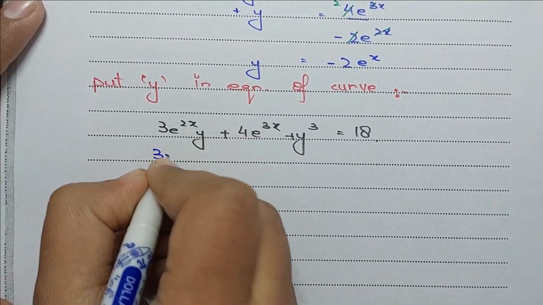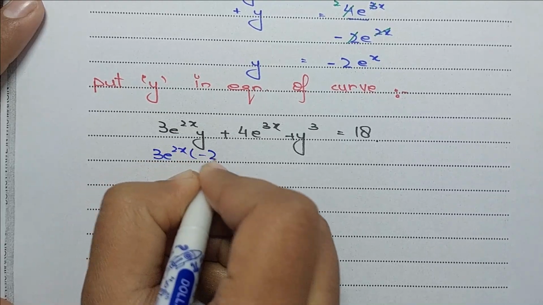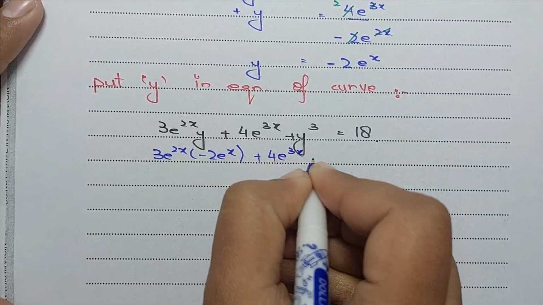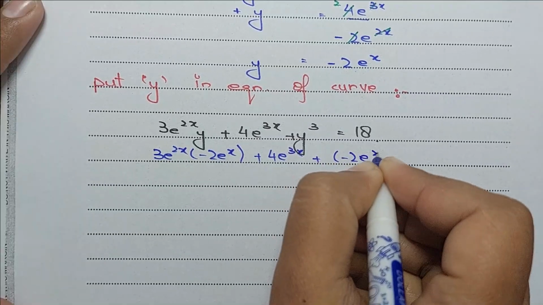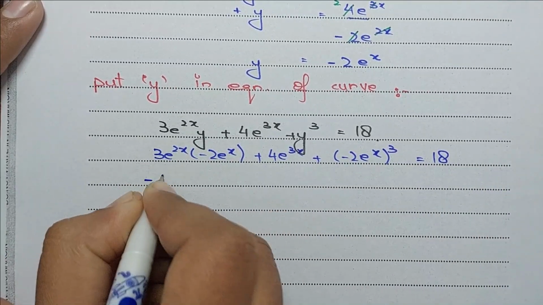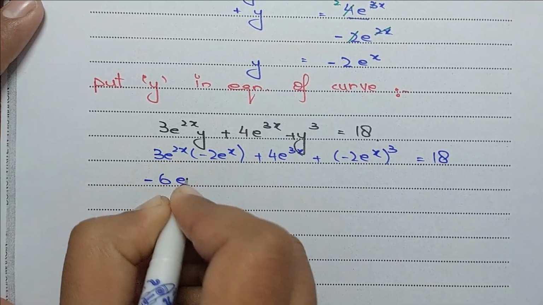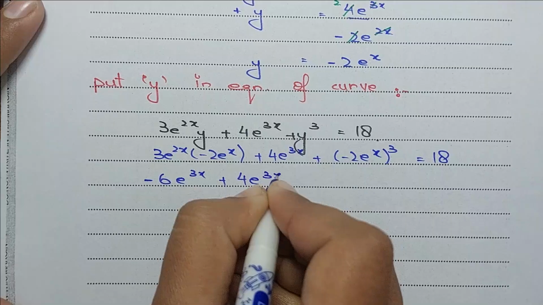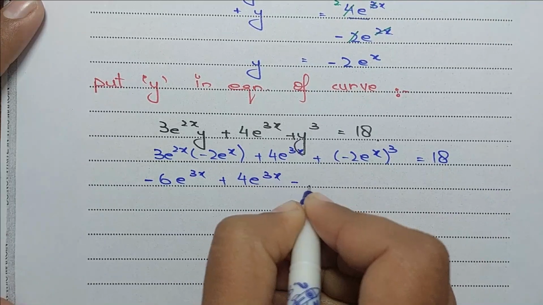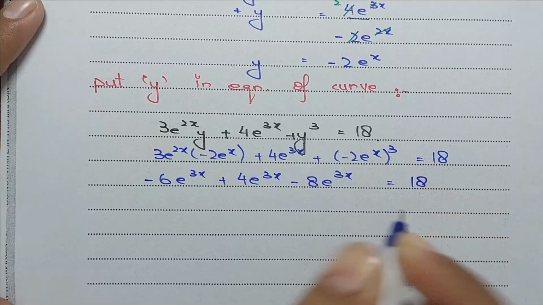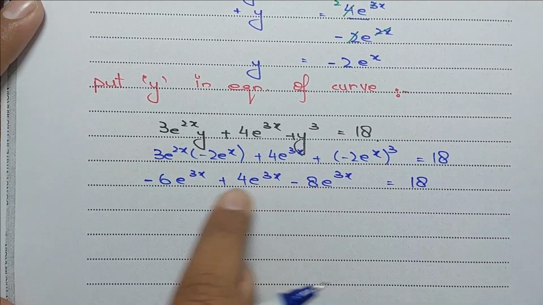Okay, 3 e to the power 2x, y value is minus 2 e to the power x, plus 4 e to the power 3x, y cube is minus 2 e to the power x whole cube, would be equal to 18. 3 times minus 2 is minus 6 e to the power 2x and x would be 3x, plus 4 e to the power 3x, minus 2 cube is minus 8 e to the power 3x, equals 18.